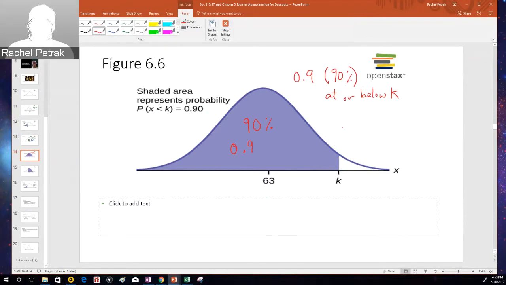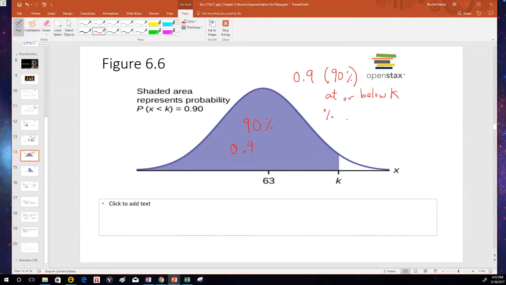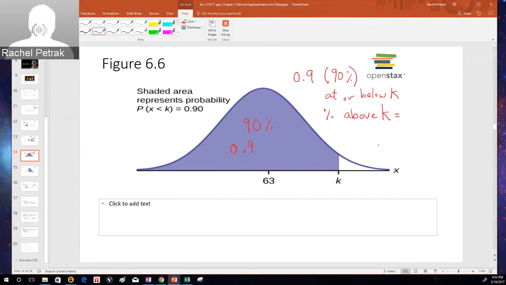What is the probability that a score fell above K? What percentage of scores were above K in this distribution? 10%.